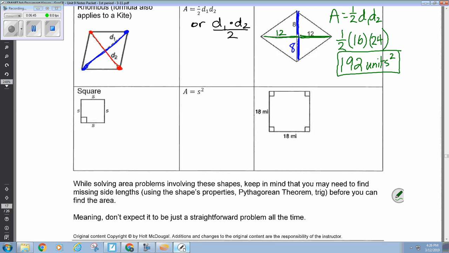So for the shape given to us, you have 2 sides that are 18. So the area equals side squared. That's 18 squared. Which again, we let the calculator do its work. 324 miles squared.